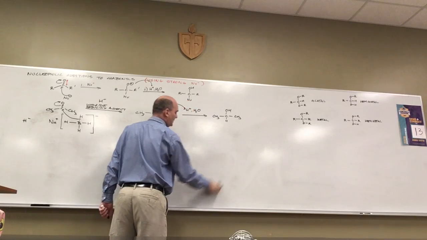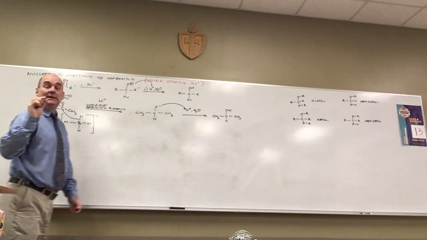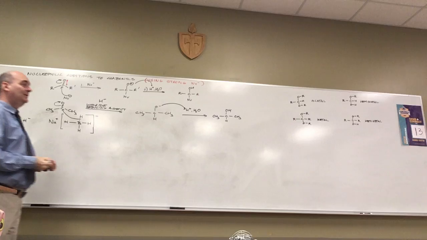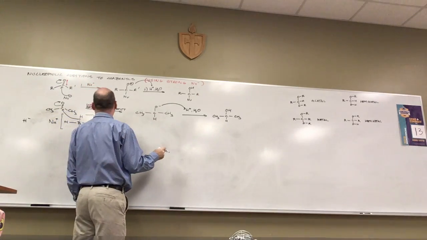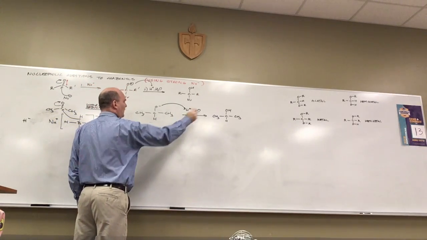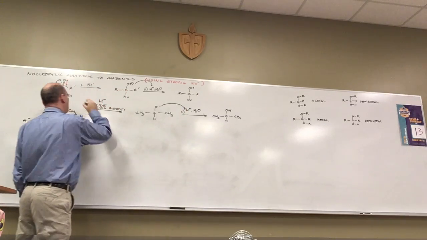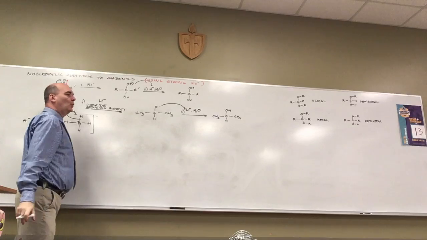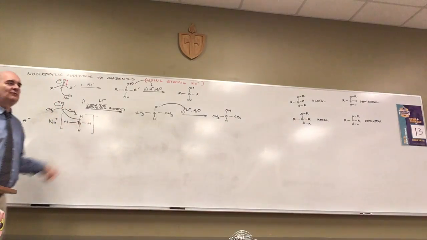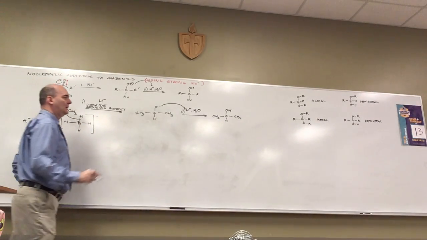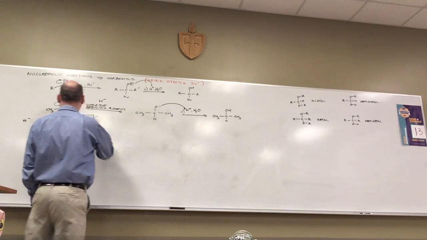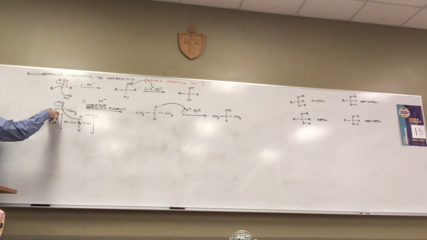H minus is tiny and negative. It's very, very powerful. And we have to follow it up with step 2, the acid workup. But step 1 is one of our hydride reducing agents, and we'll talk about these in a second. Is this a ketone or an aldehyde?